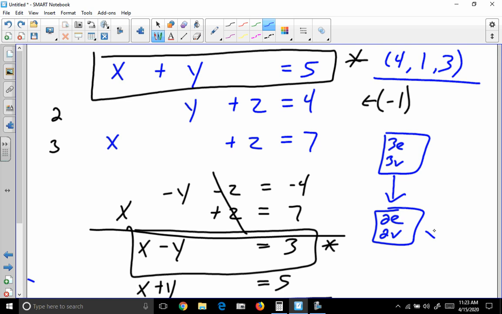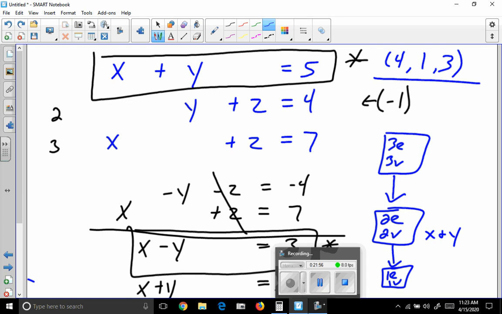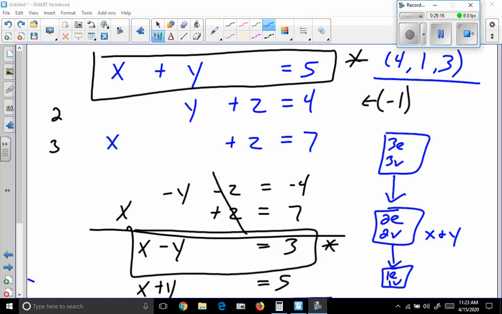We decided we wanted x and y. So we had one with x and y already, and then we eliminated z to get another one of x and y. And then once we have that, we can eliminate to get down to one equation in one variable. All right, so hopefully this will give us a good start on how to work through those homework problems.